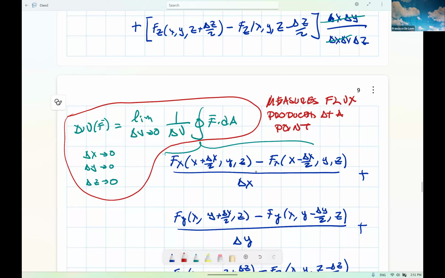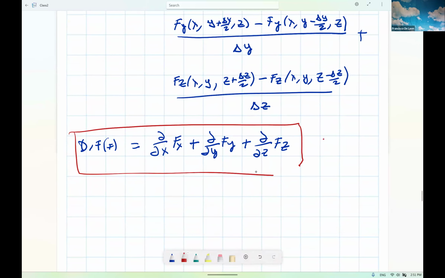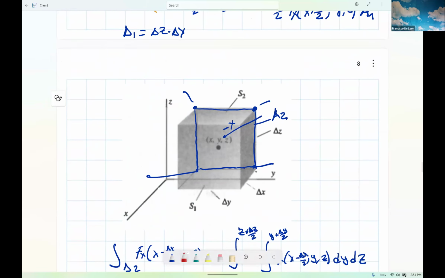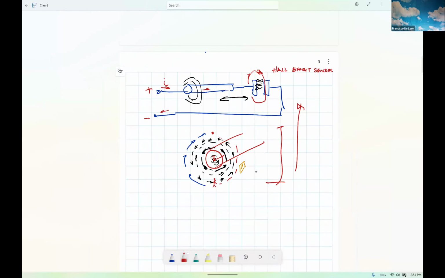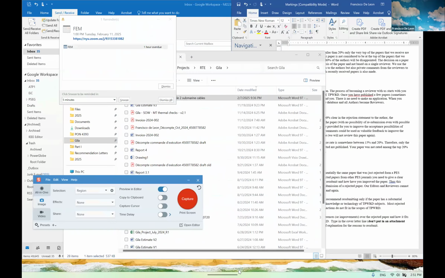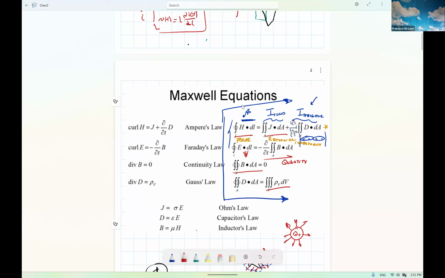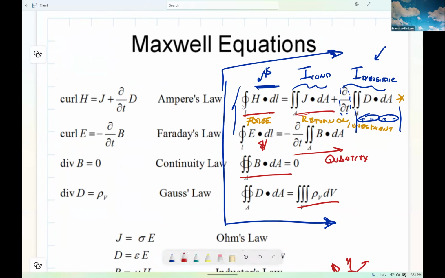That's what this thing measures. But that integral is impossible to do. But I don't need to do the integral. I need to take the derivative. This is easy to compute. So this is great progress. Instead of looking at Maxwell's equations as this crazy thing over here, instead of surface integrals, I can use derivatives to compute it.